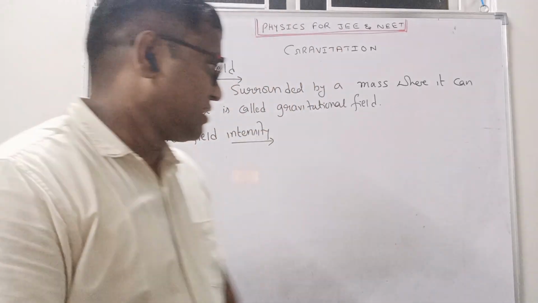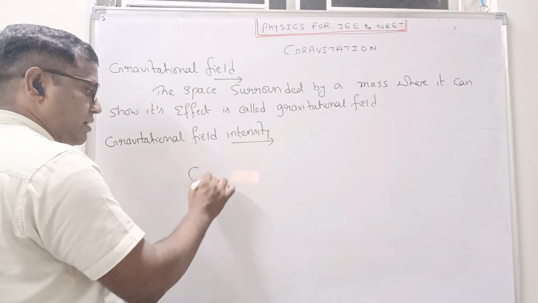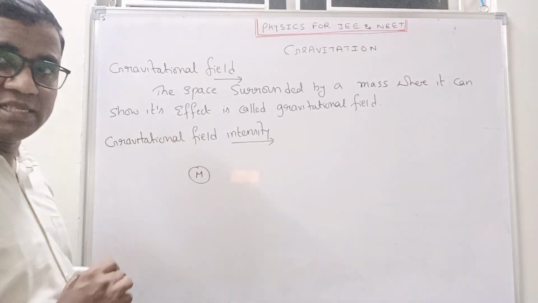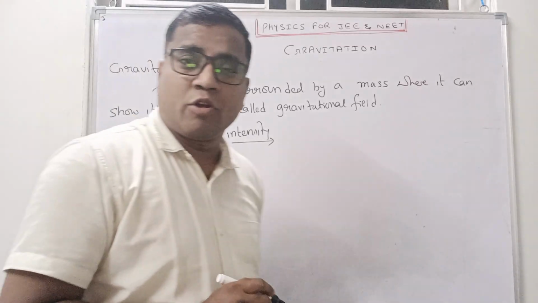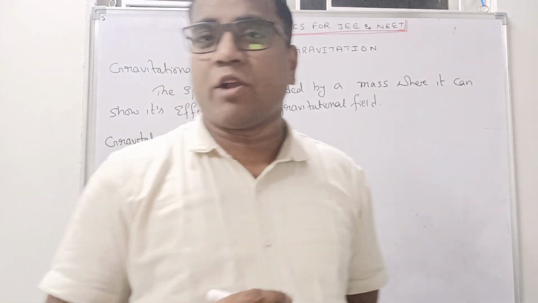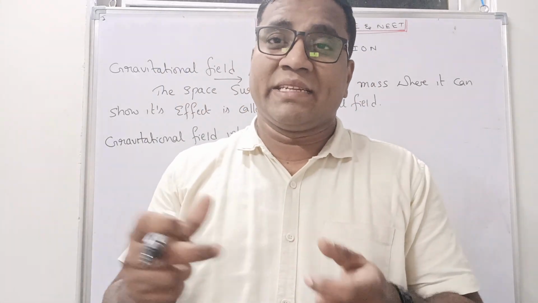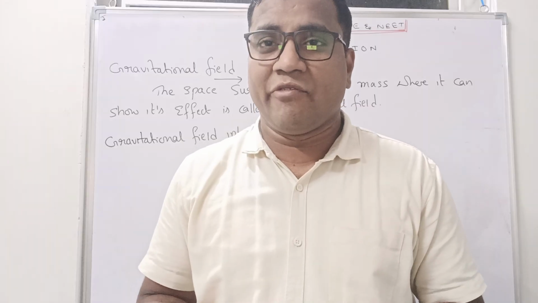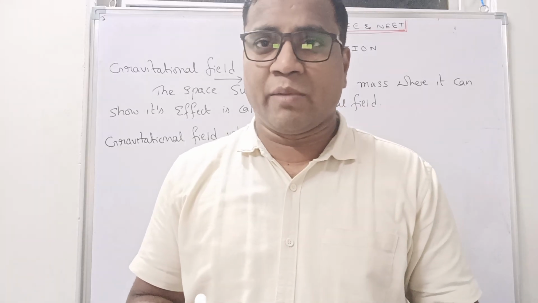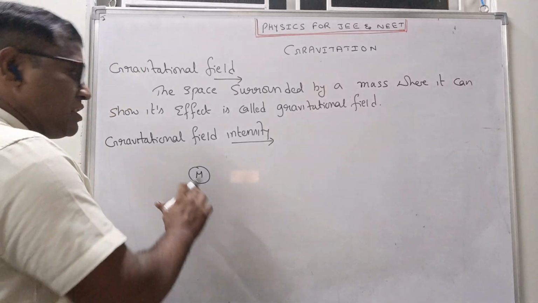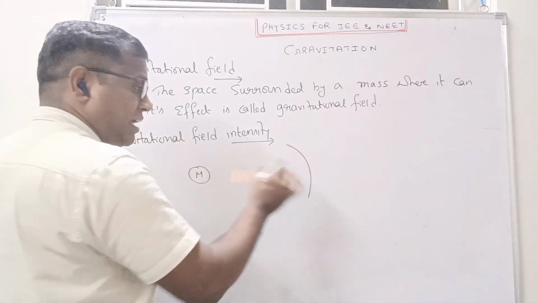See, for example, I am saying that here one mass is there. So we know according to Newton's law of gravitation, every body attracts every other body. Right? Now, for this mass, for example, here up to here the region is there.